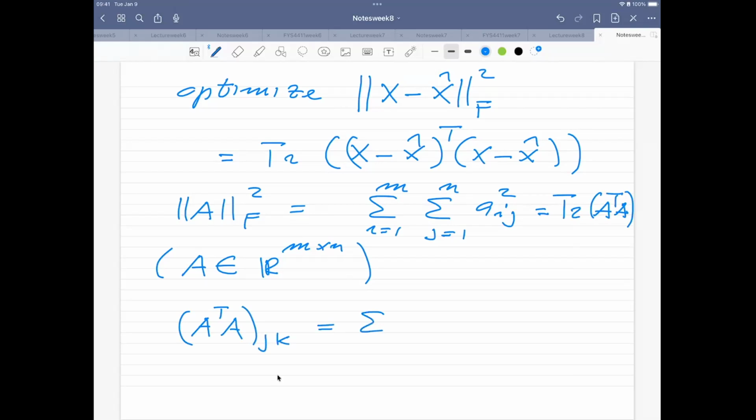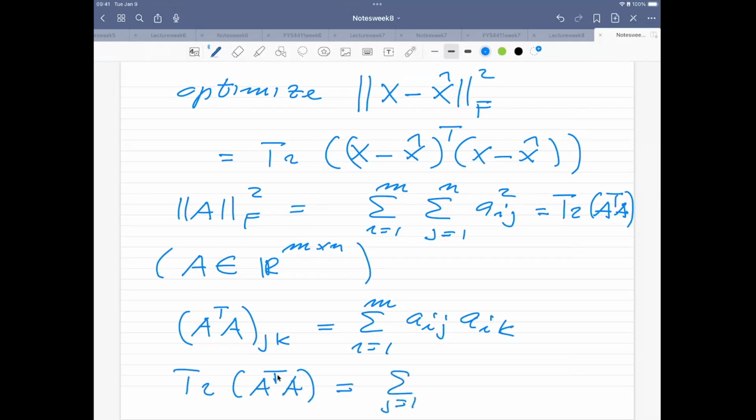Since we have the transpose, and this is a matrix multiplication, I have to take the matrix elements not aji, but aij, and this is multiplied by aik. That's the matrix element. I'm just taking the transpose. Now, if I take the trace of this object, A transposed A, this is given by the sum over j equal 1 up to n, obviously, not m, but n. So let's do that.